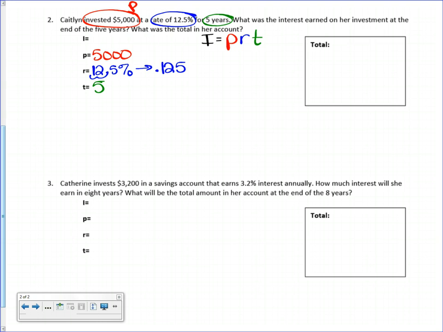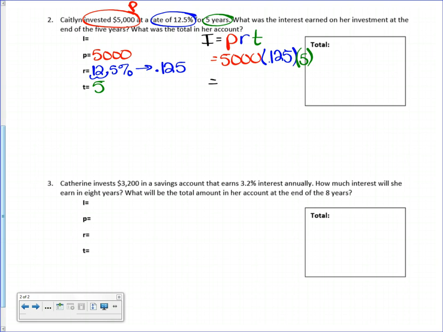My principal is 5,000, so I'm going to put that in for P. My rate, 0.125. That's going to go in for R. And my time is 5 years. That's going to go in for T. Again, we just multiply all of that.